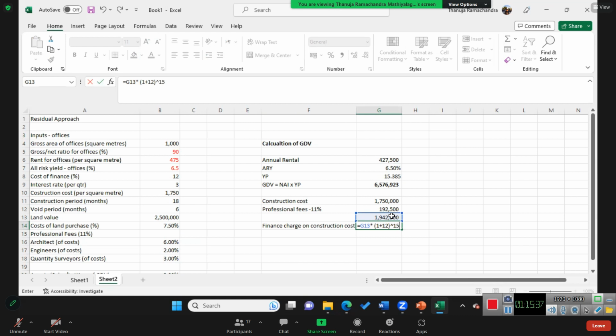So 15 months mean it is 1.25 years if you put 12%. If you put 3%, you can put 15 months mean 5 quarters, isn't it? Yeah. So 1 quarter plus half quarter, 1.25. Okay. Minus this amount. Oh, this one.